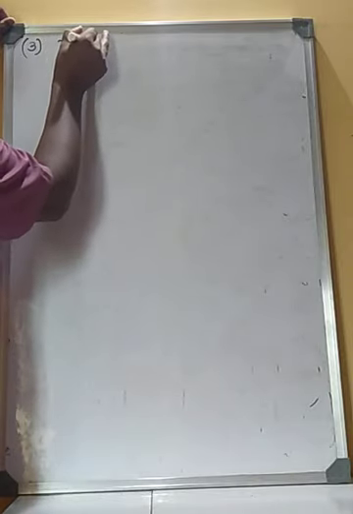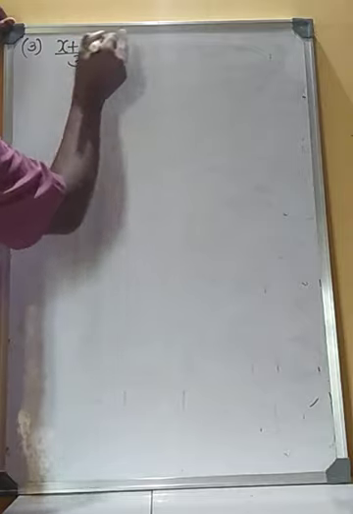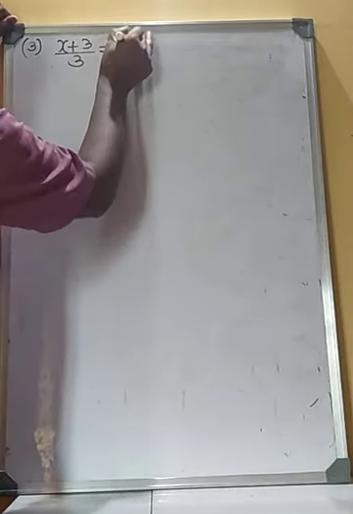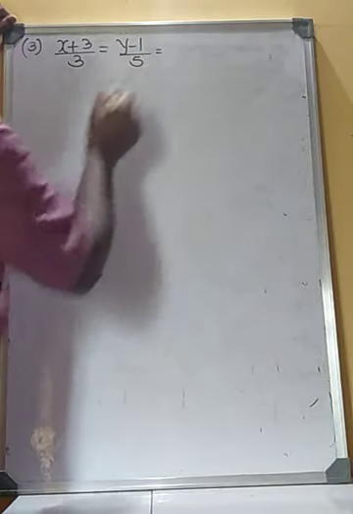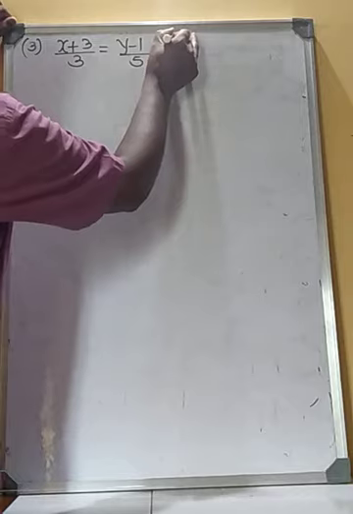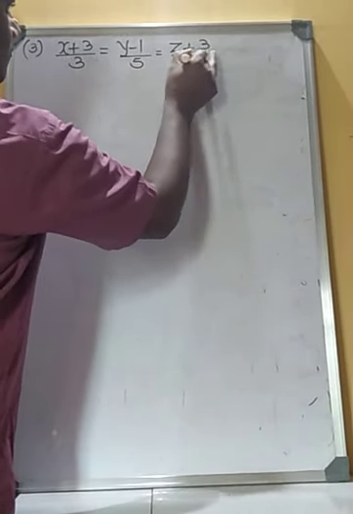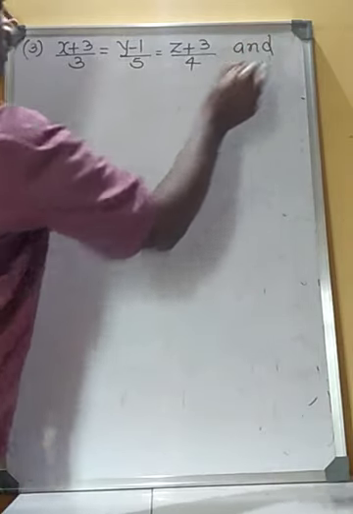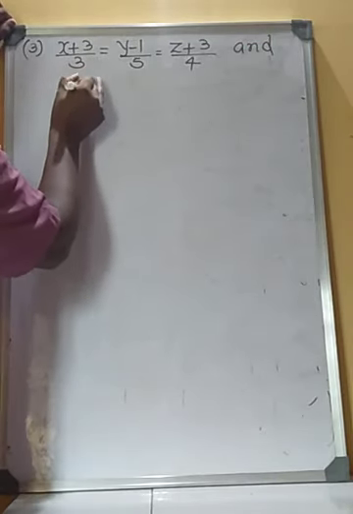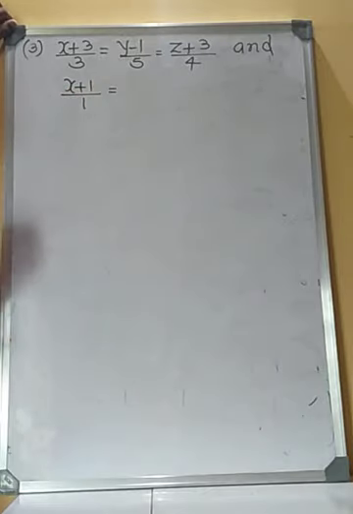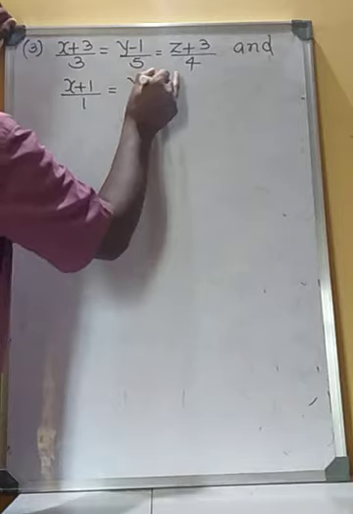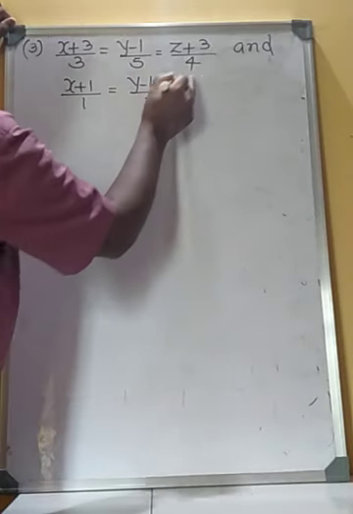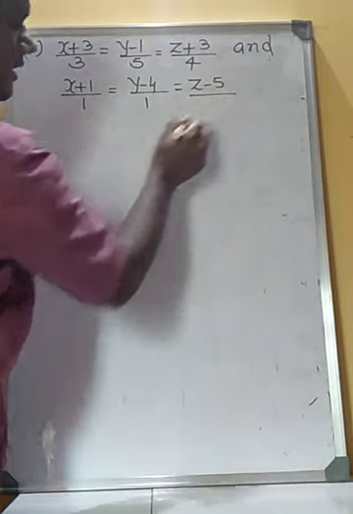The next example: find the angle between the pair of lines (x plus 3) by 3 equals (y minus 1) by 5 equals (z plus 3) by 4, and (x plus 1) by 1 is equal to (y minus 4) by 1 equals (z minus 5) divided by 2.